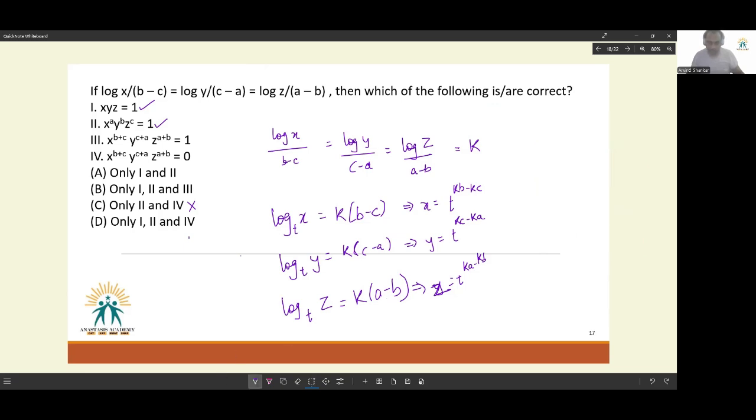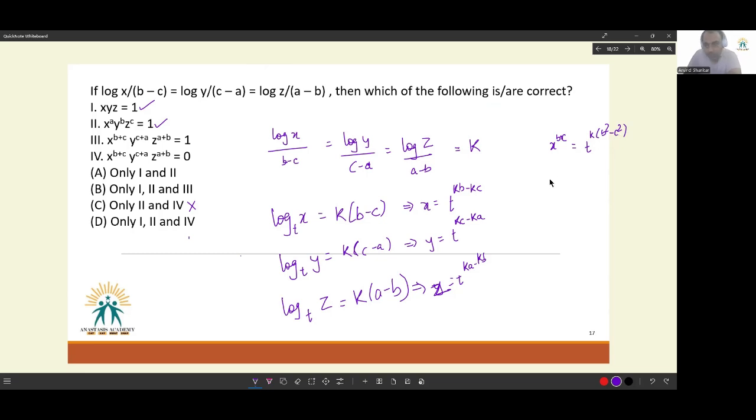Can you see? Take one step back. x raised to the power b plus c is as good as t raised to the power k times of b square minus c square, that is k into b minus c into b plus c.